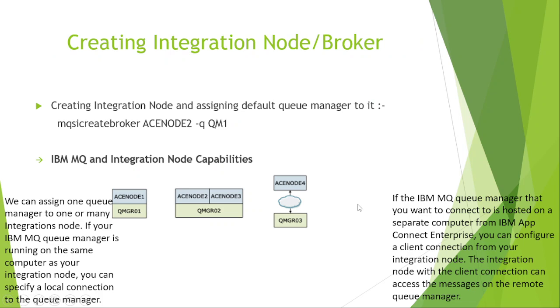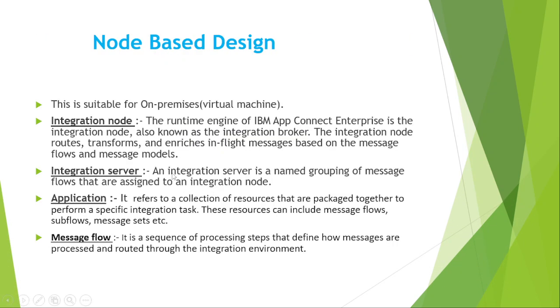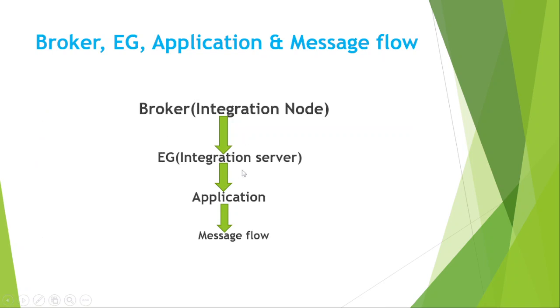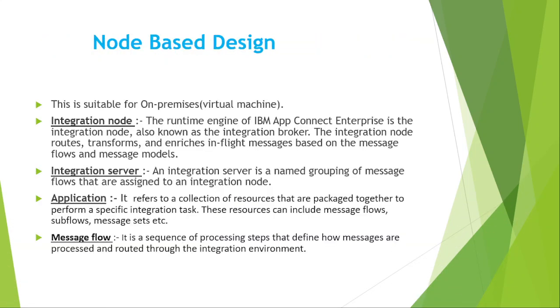So that's the definition: an integration server is a named group of message flows, a grouping of message flows that are assigned to the integration node. It is a name assigned under an integration node, under which the group of message flows run.